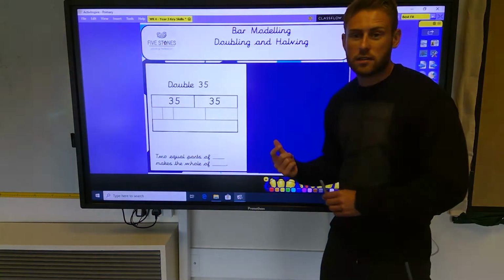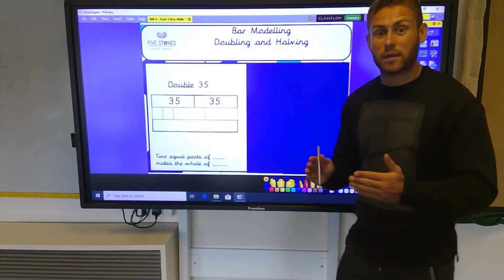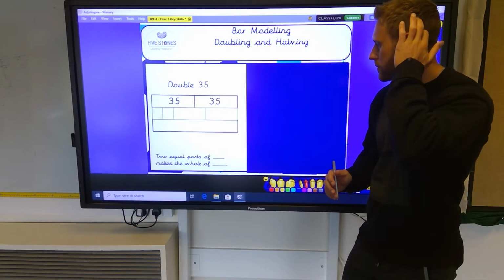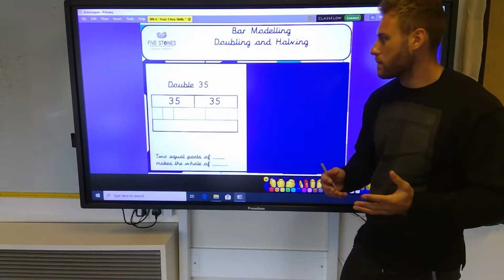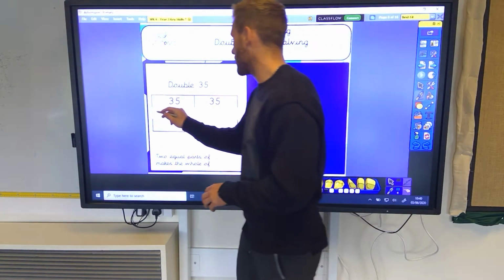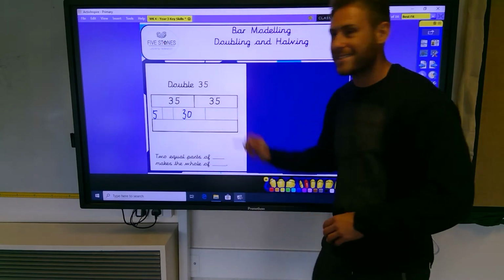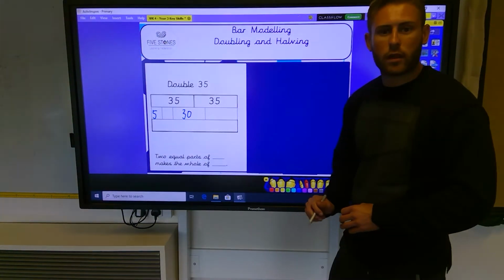And to double 35, I might use my partitioning skills to help me do it a little bit more efficiently. So 35 can be partitioned into 30 and 5. Brilliant, so I'm going to partition into 5 and partition into 30. And the same with the other 35.